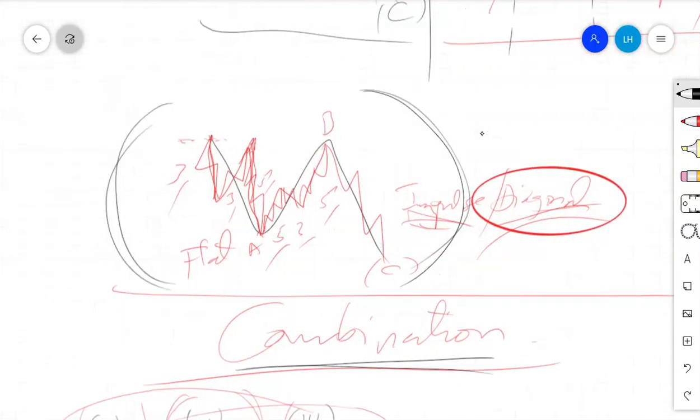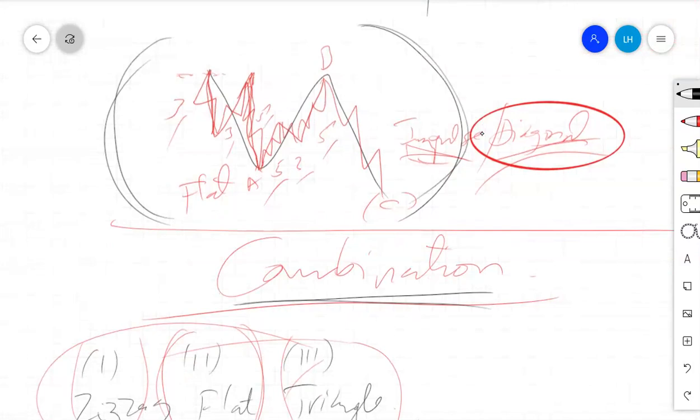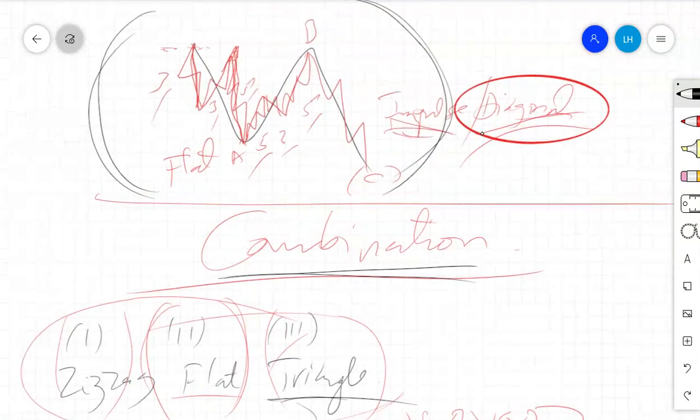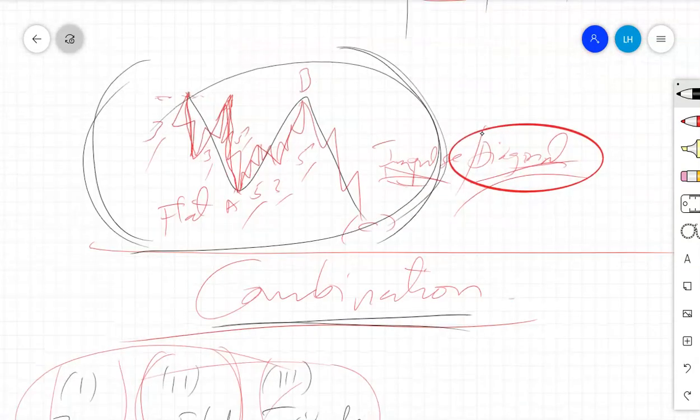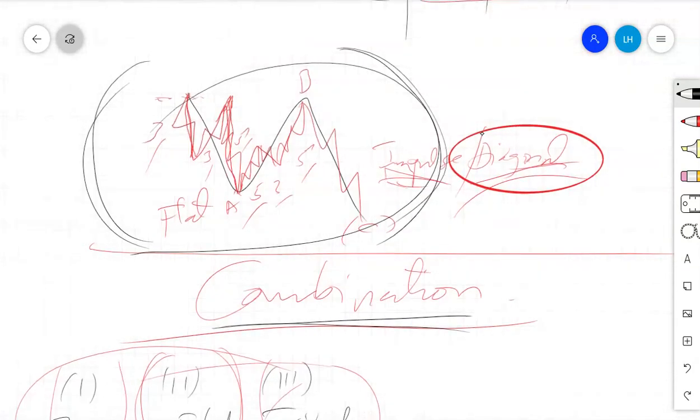So I skipped one thing when I was covering the issues on corrective waves within an individual. I mean, it was alternation within an individual corrective structure. Now I skipped one thing there, and that concept is when wave 1 is simple.